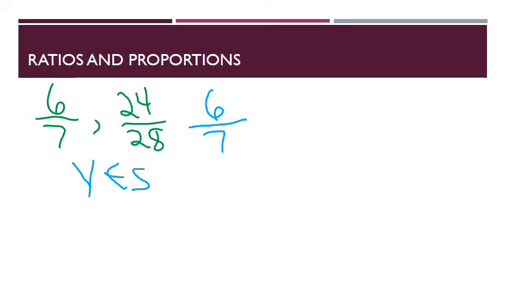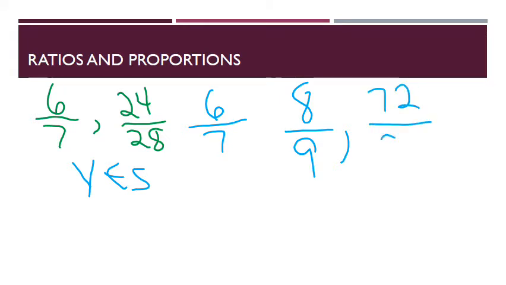Okay, let's do another here. We'll do it right over here. Let's say we've got 8 over 9, and we're being asked to determine, is it equivalent to 72 over 81? Well, kind of like the last one, 8 over 9, there's not much I can do with that.